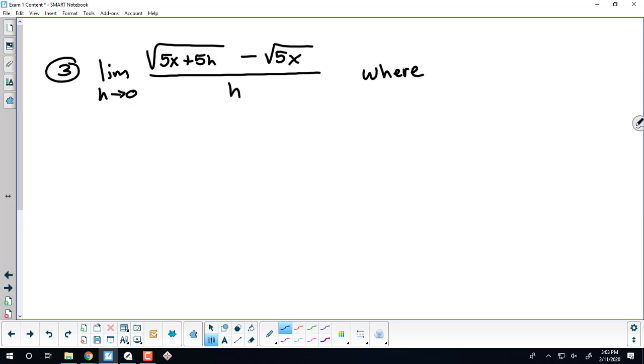And it also says where x is larger than 0 is a constant. I think that's a weird way to say that. So basically, x is a positive constant, is what it's saying. That's just how they wrote it. It's kind of weird.